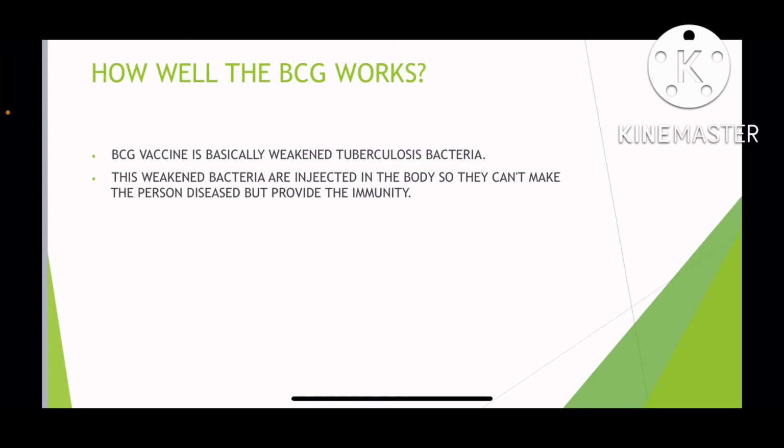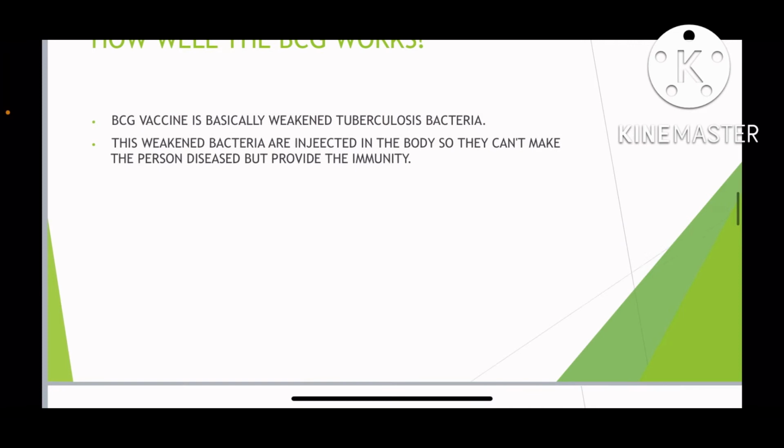That's why we get the immunity. These weakened bacteria are not strong enough to induce the disease in the patient, but they provide immunity to the child. So BCG works by providing immunity through weakened bacteria.